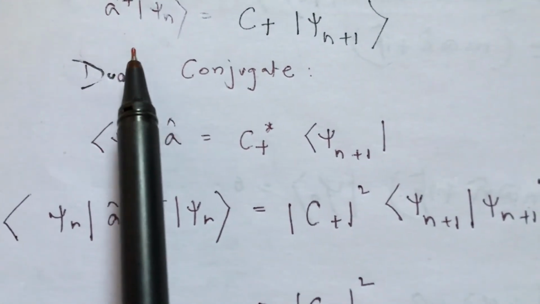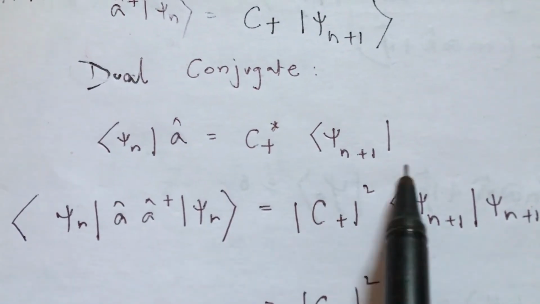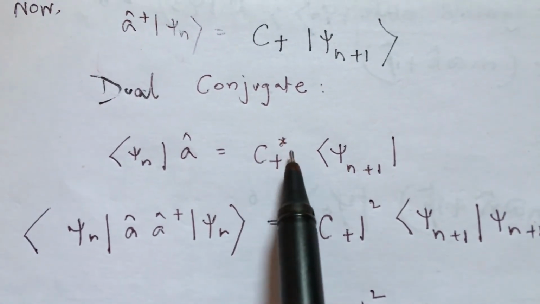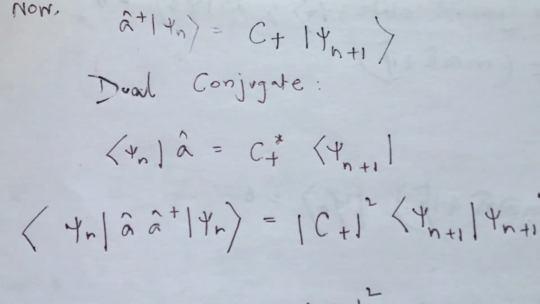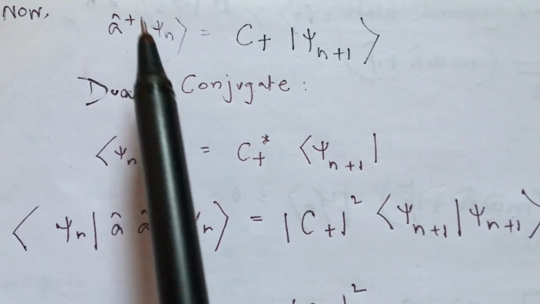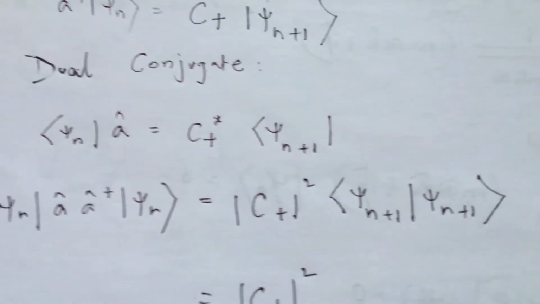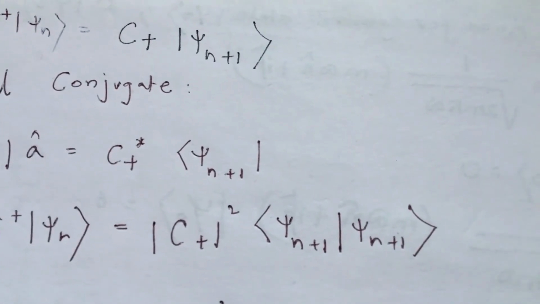I am making a dual conjugate of this relation, and I got this. C plus is a complex number, so it will become C plus star. If I make the scalar product of this and this, the left hand side will become this, and on the right hand side I will get this.